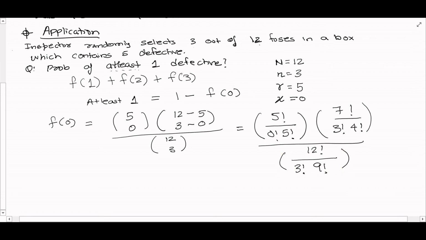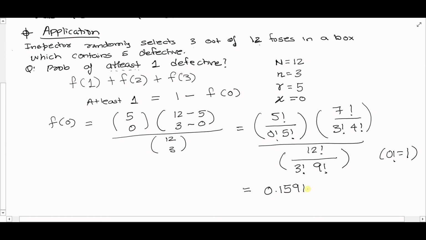Right? Now we're just doing the simple computation in your calculator. Of course, remember 0 factorial is nothing but 1. And so this whole thing is just 1. And when you do the math, you figure out it's 0.1591.